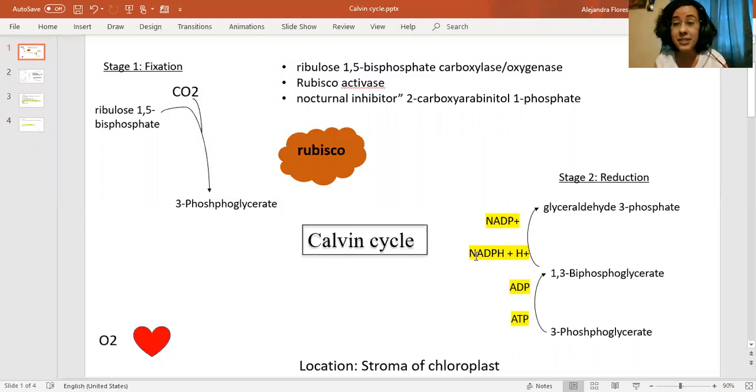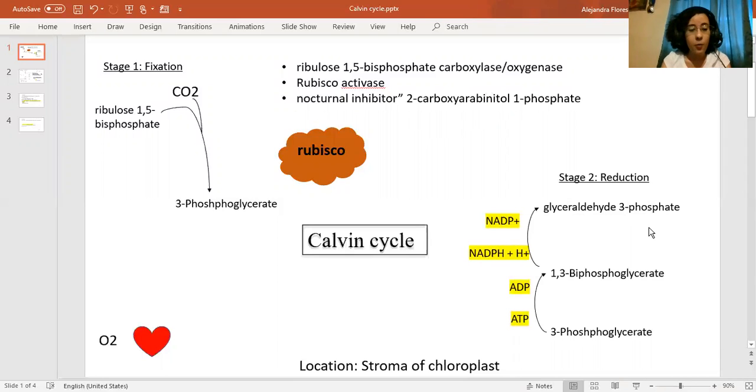And that's the difference between gluconeogenesis and the Kelvin cycle. Gluconeogenesis uses NADH, but for the Kelvin cycle, we're actually using NADPH.